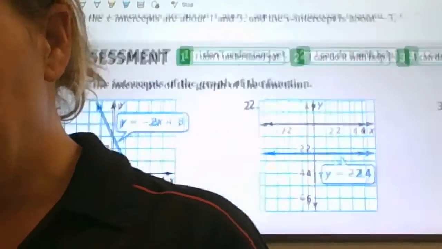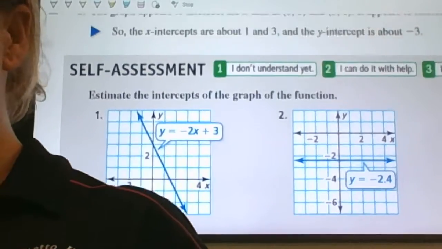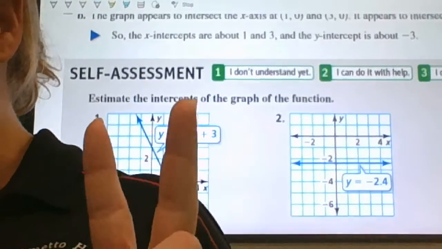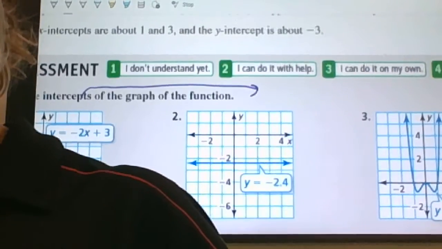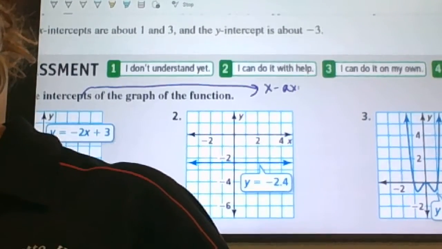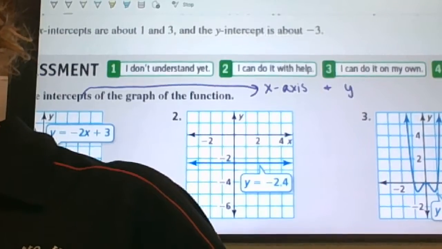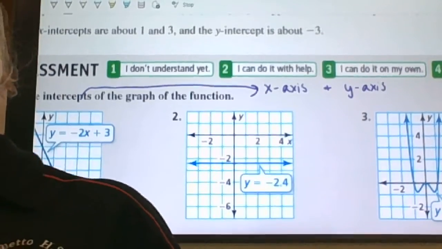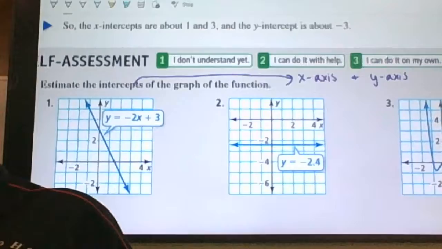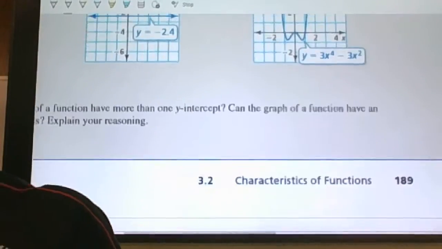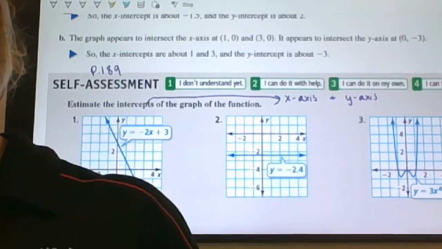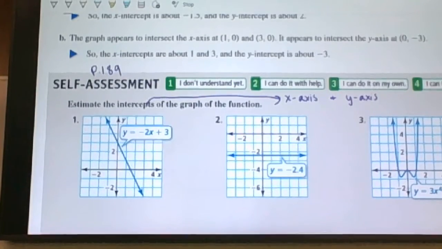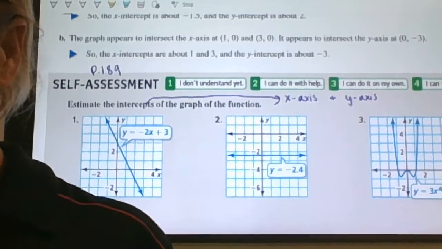So we're estimating intercepts. When it says intercepts, there's two possible. There's an x-axis and a y-axis. So when I look at number 1 on page 189, I need to see the x-axis and the y-axis.